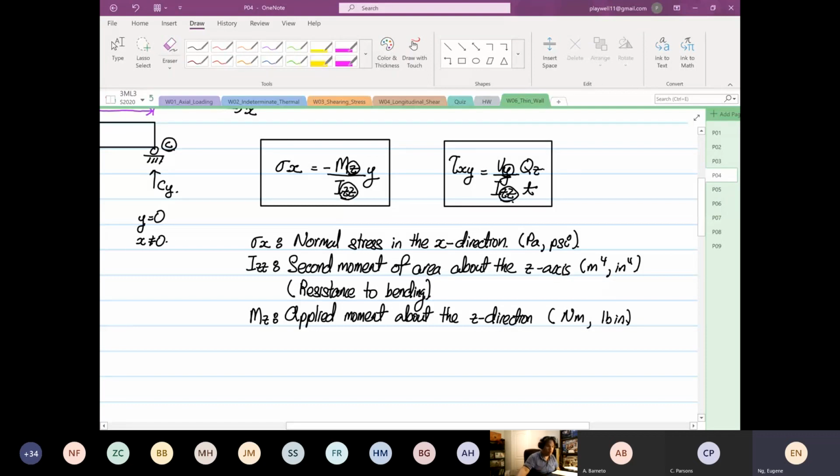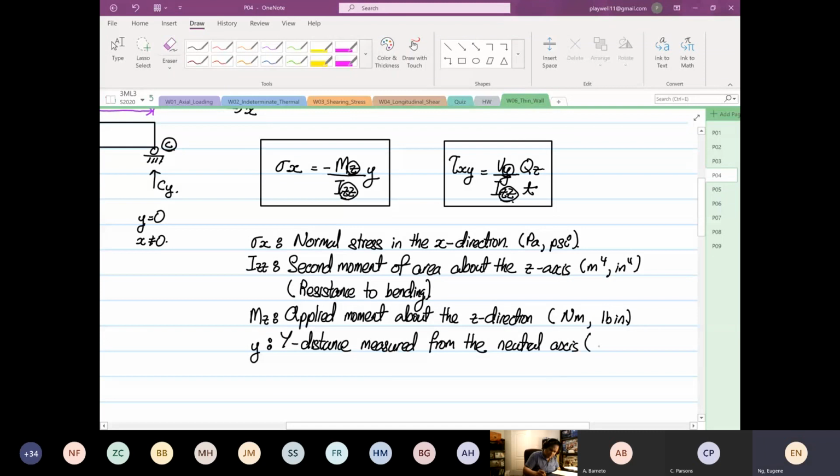And then your Y over here is the Y distance measured from the neutral axis. So this can be meter or this can be inches.